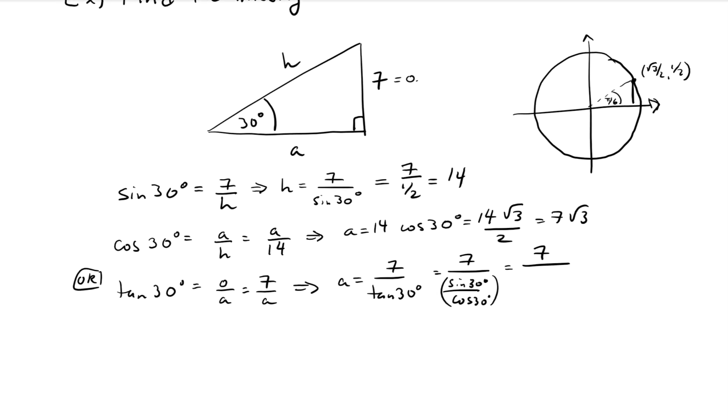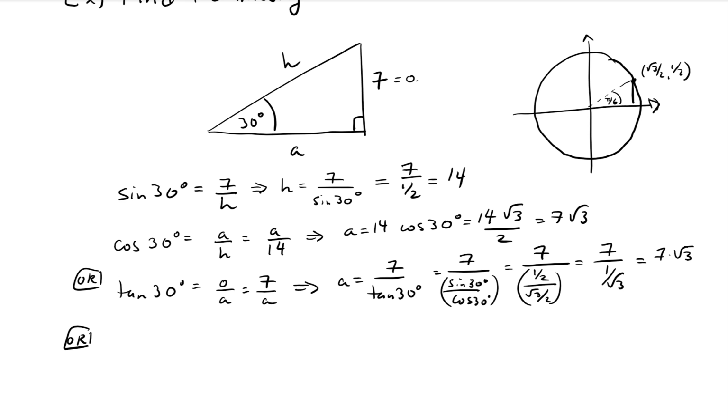So sine is 1/2 over root 3 over 2. Obviously the solution is a bit more work. A half divided by root 3 over 2 is a half times 2 over root 3, so it's 1 over root 3, and that's the same as 7 times root 3 over 1. So we get 7 root 3 again.